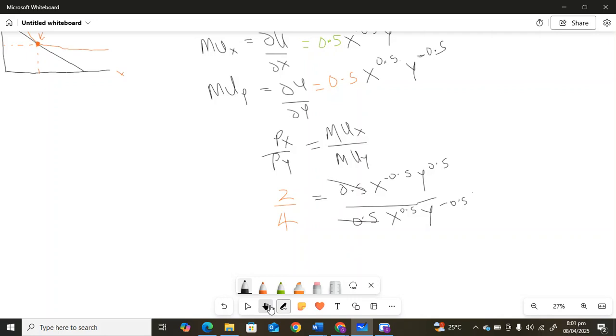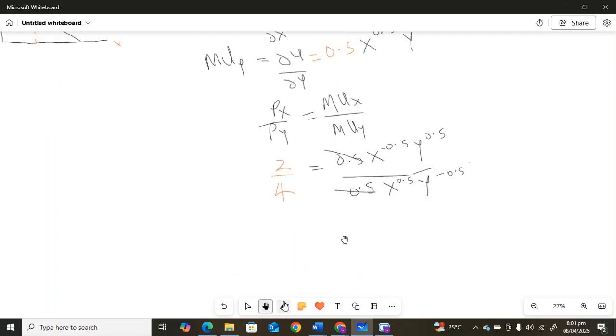If you remember, according to the law of indices, whenever you are dividing two terms with powers, it's the same as subtracting the powers. So this x here, it's like x to the power negative 0.5 minus 0.5.